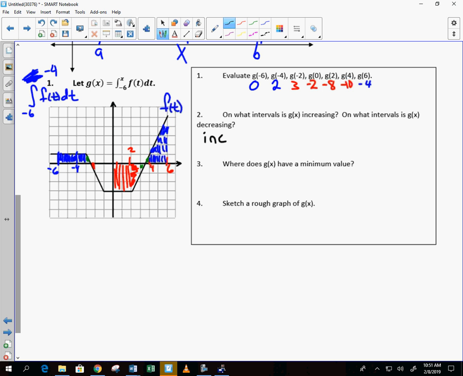So increasing from -6 to what? -2.5? Union with 3.5 to 6?